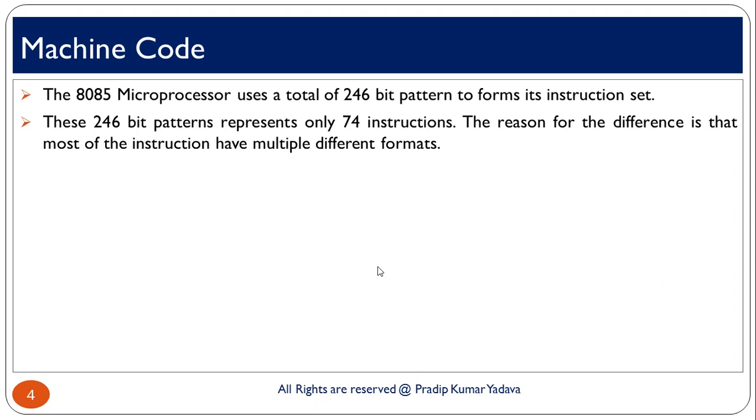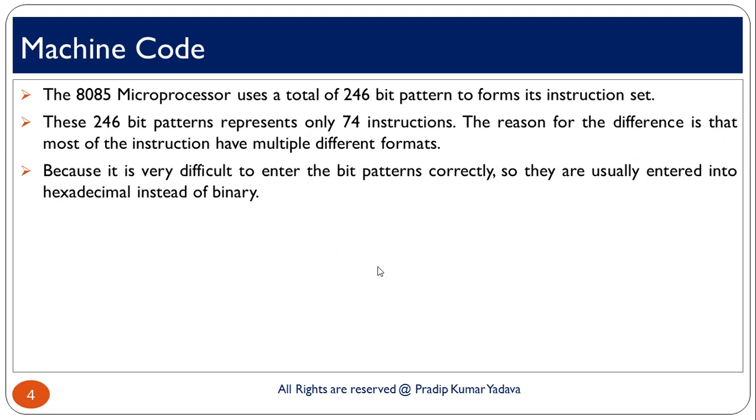These 246 bit patterns represent only 74 instructions, because most instructions have multiple different formats. Sometimes it is very difficult to enter the bit pattern correctly, so they are usually entered in hexadecimal instead of binary.